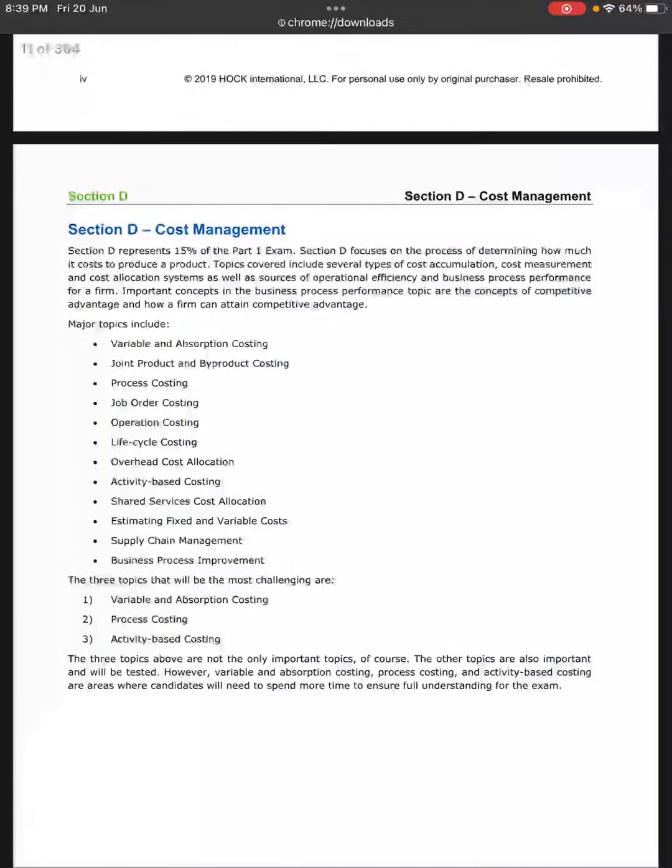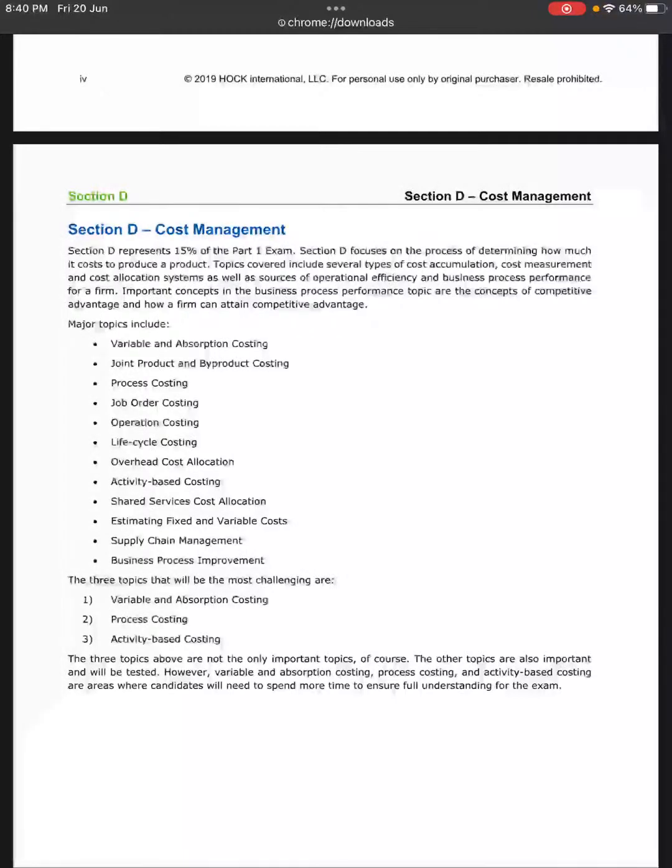This section D, cost management, will cover 15% of this entire book. If we finish this book, 15% of the chapters will be covered, right? Section D is 15% of the part 1 exam.